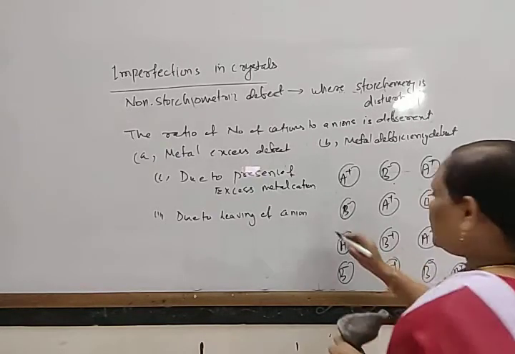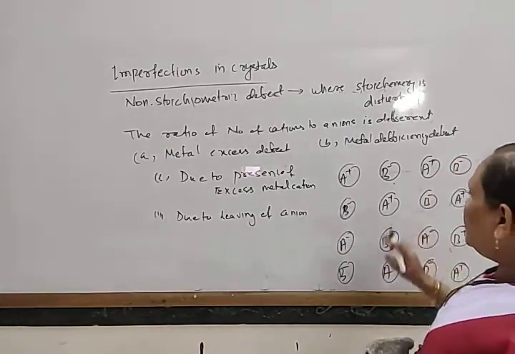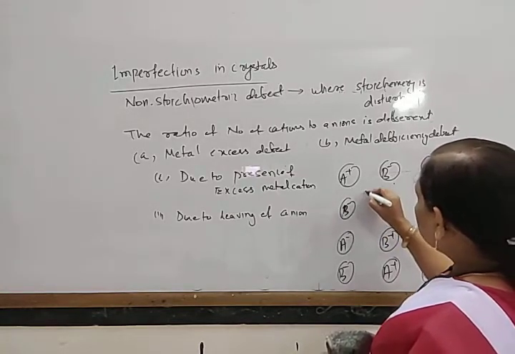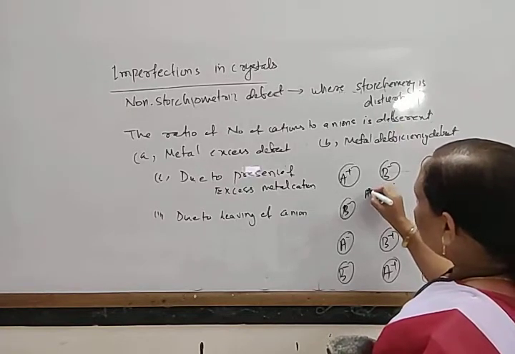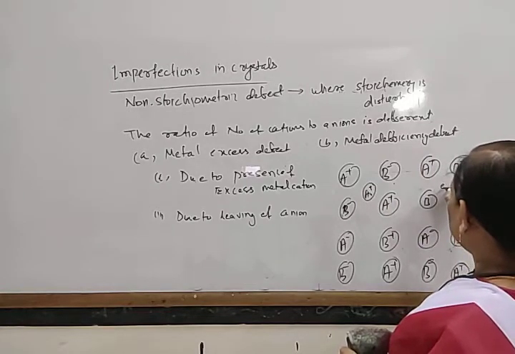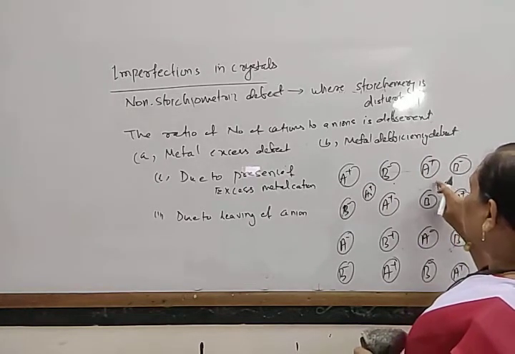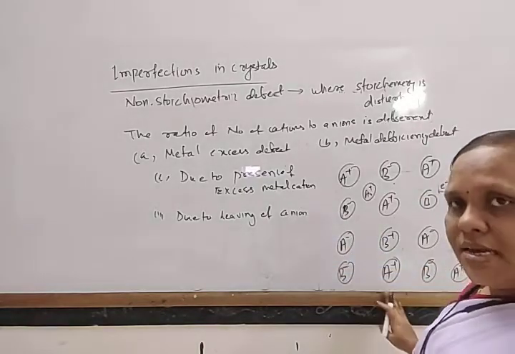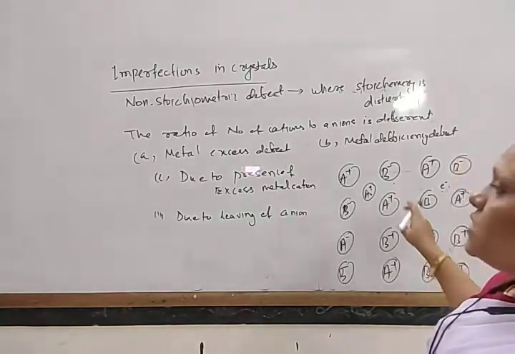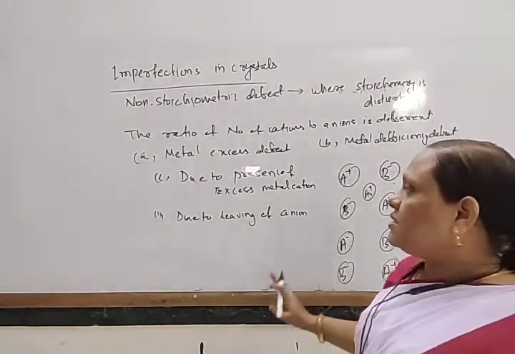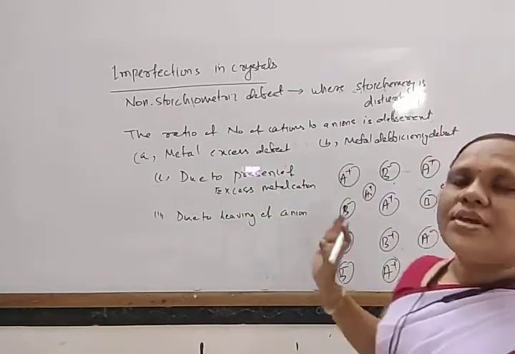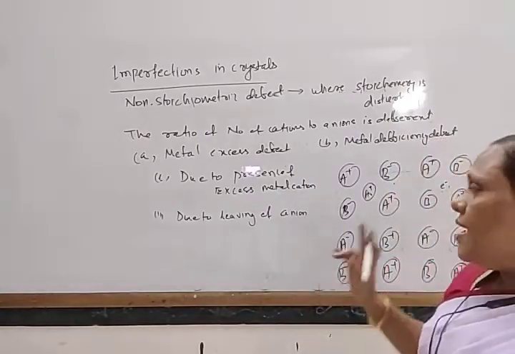In this way the crystal is arranged, and in some cases some cations remain in the interstitial space. To maintain electrical neutrality, some electrons also remain in the interstitial space. This type of arrangement is called metal excess defect, because more cations are present.